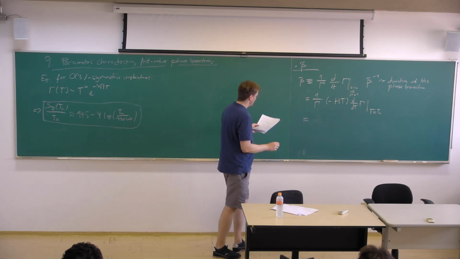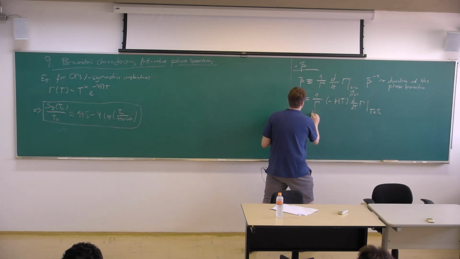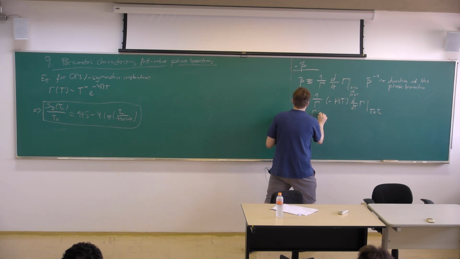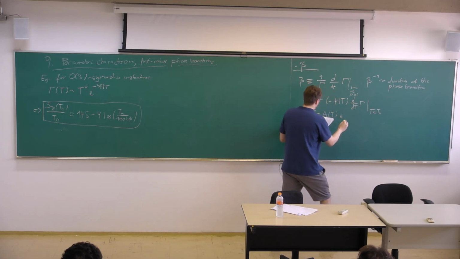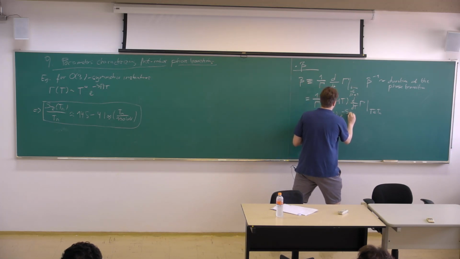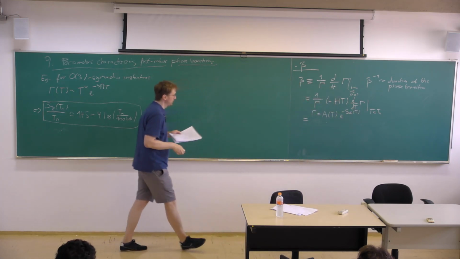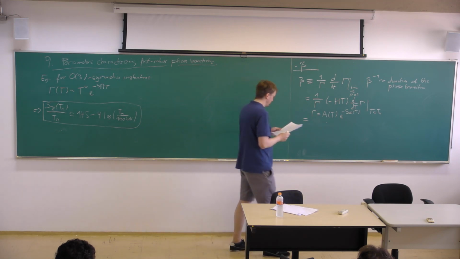Now let me make an ansatz for the decay rate. I call the prefactor A of t, and then I have the bounce action in the exponent.